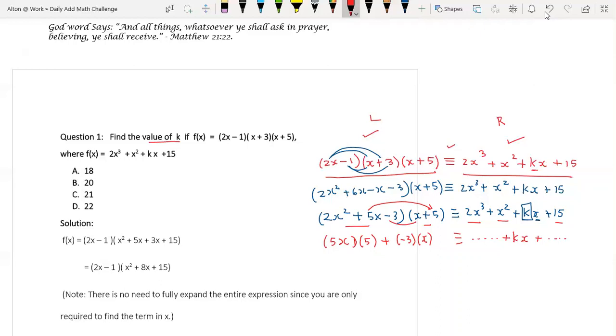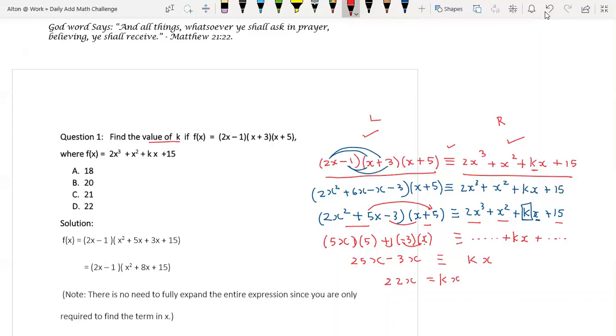So 5x by 5 gives me 25x. And minus 3 by x is minus 3x. Plus 1 is understood here. Minus 3x multiplied by a positive 1 will give me minus 3x. And that is identically equal to kx. This comes down to 22x equals kx.